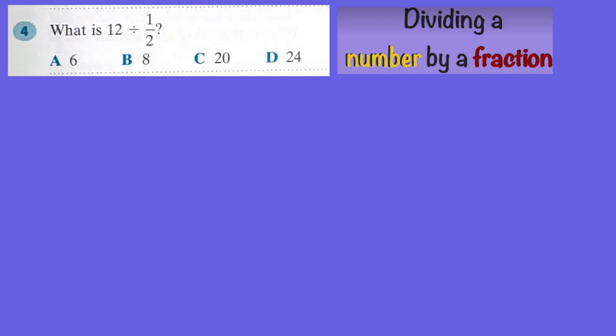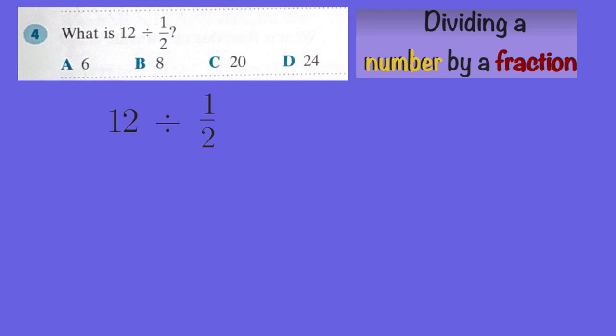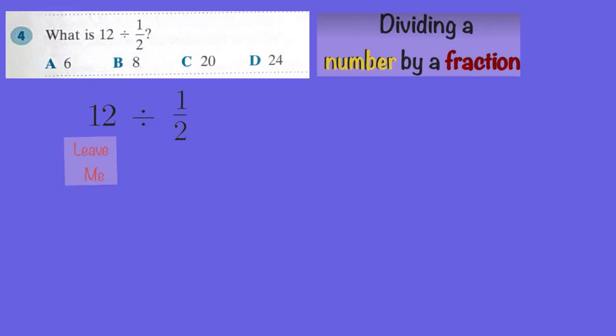So here remember that you're dividing a number by a fraction. And in doing this, we have 3 steps to remember. Firstly, the first number, you're going to leave it. It says leave me. There's no change to 12. The second change you need to do is to change the division sign into a multiplication sign.